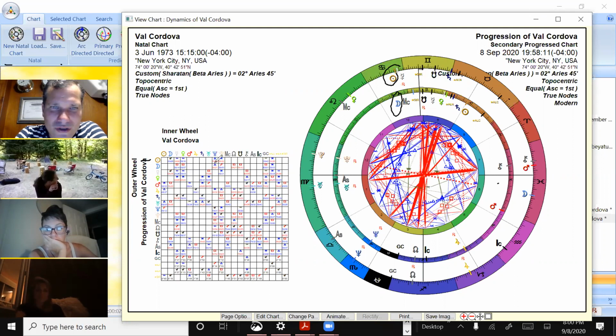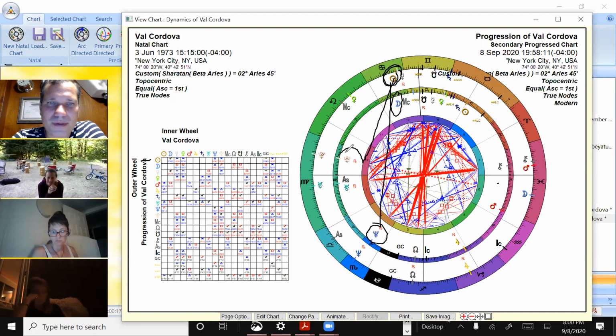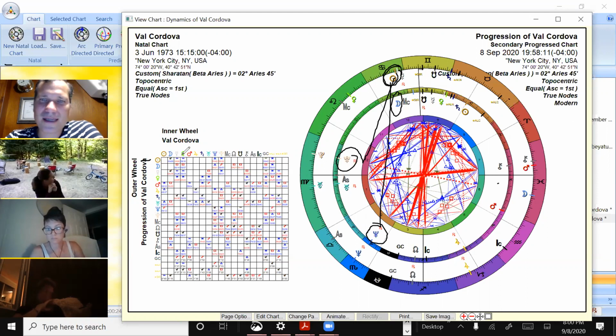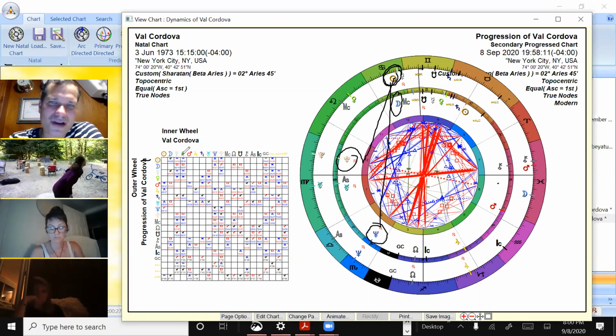Progress sun trines natal Neptune. So progress sun has a trine to this natal Neptune. Progress sun sextiles natal Pluto. And I just did the main aspects. These are semi-sextiles, but you see that? So you can read that as well.